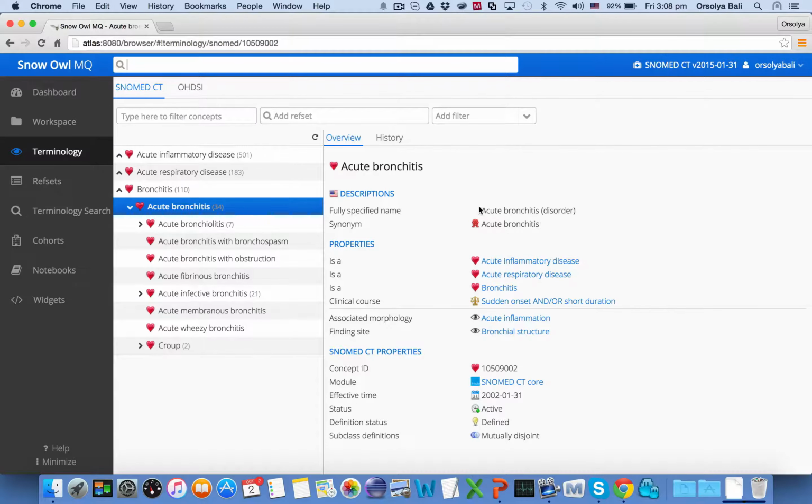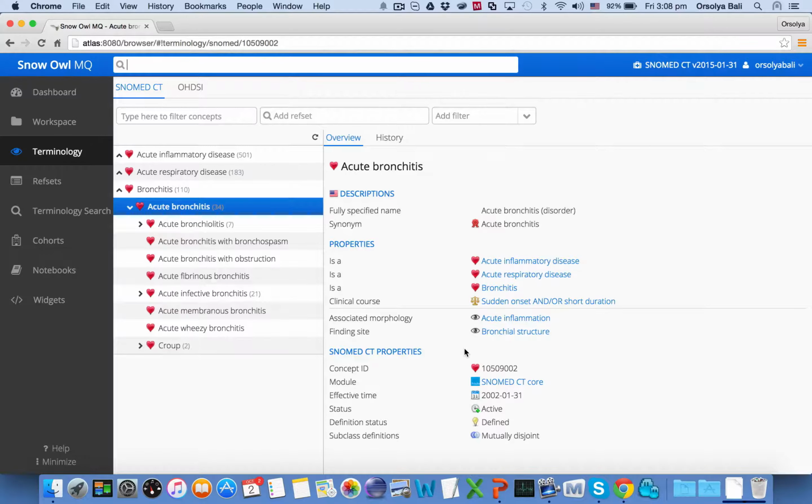There are two human readable terms just for simple lexical searching and interpretation. And there is a number of properties that are already machine readable that point to other concepts within SNOMED CT, and these properties give us a definition of what this actual concept means.